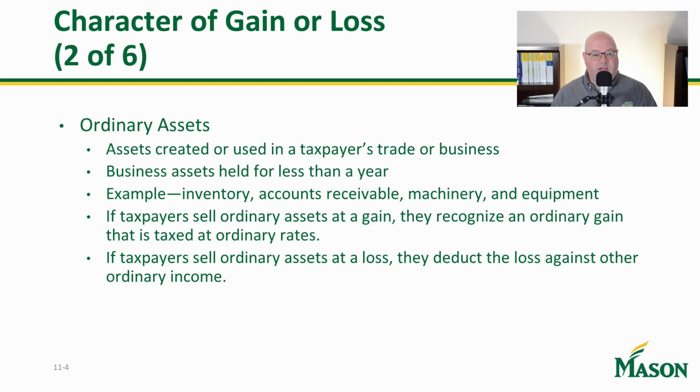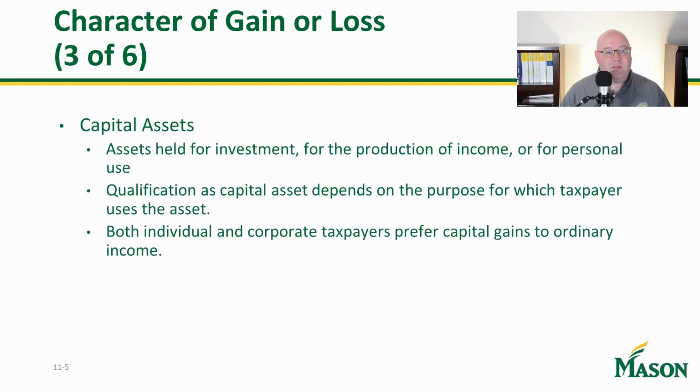Mind you, I grew up in a poor side of Los Angeles, so hot assets meant something completely different than it does in accounting. Hot assets are saying, hey, this is something that's going to be ordinary income as opposed to something else. So we'll just leave it at that.